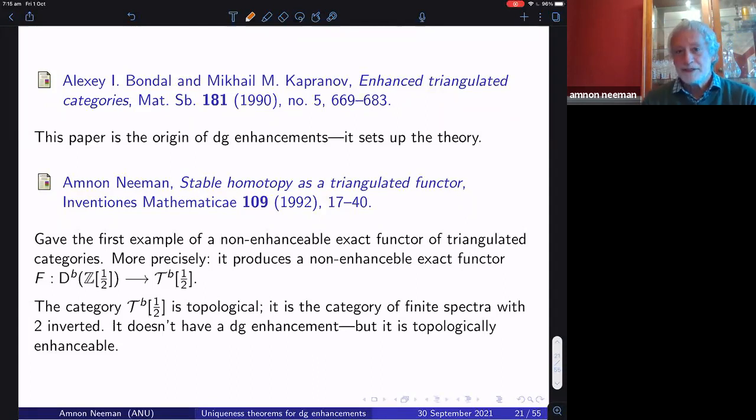I mean, this was published in Russia in 1990, and the English translation was not until 1991. Anyway, I wasn't aware of it. So my paper is in an older language, but also it's topological. So it's a functor from an algebraic category to a topological one, but it is, in the older language, a non-enhanceable functor.